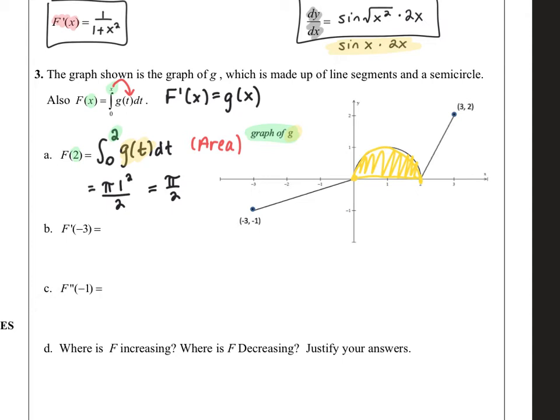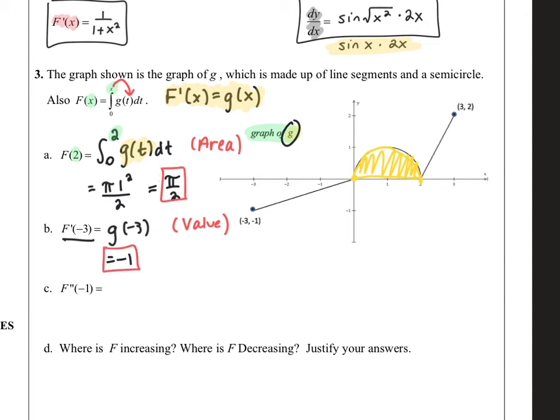And that establishes a really important connection, and that is that f prime equals g of x. So when this is asking for f prime of -3, it's the same as g of -3. And this is the graph of g, so it just wants the function value. And I read from the graph that g of -3 is -1. My answer here is simply equal to -1.